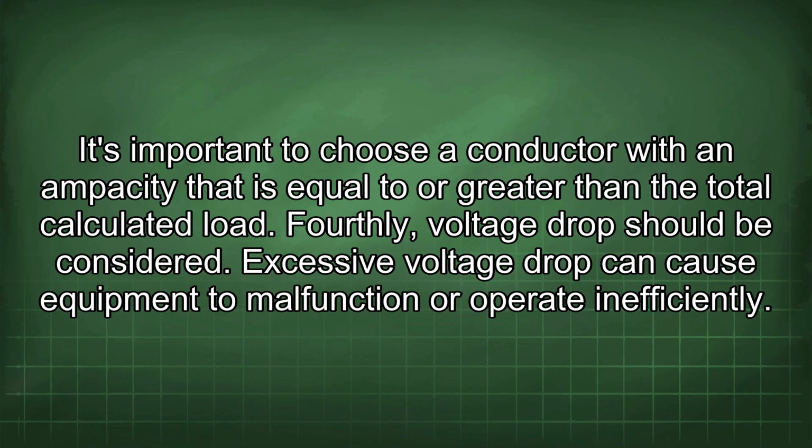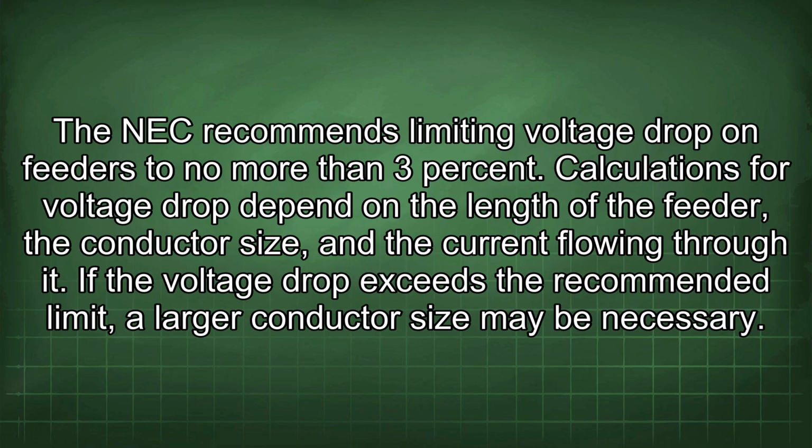Excessive voltage drop can cause equipment to malfunction or operate inefficiently. The NEC recommends limiting voltage drop on feeders to no more than 3%. Calculations for voltage drop depend on the length of the feeder, the conductor size, and the current flowing through it. If the voltage drop exceeds the recommended limit, a larger conductor size may be necessary.